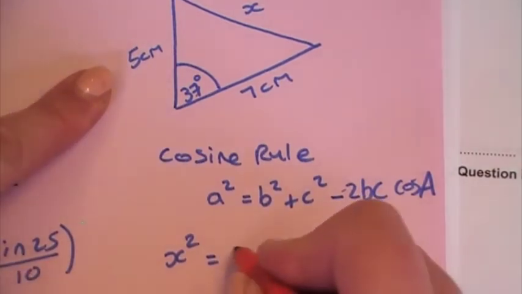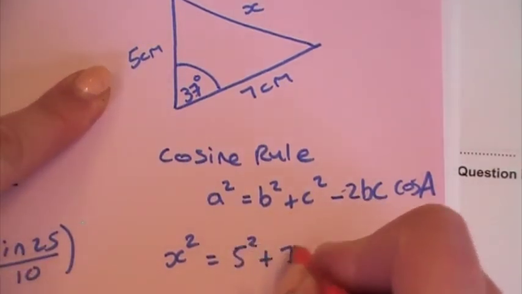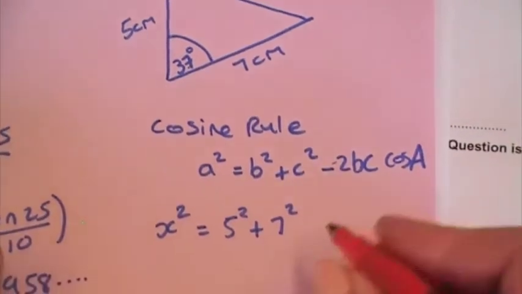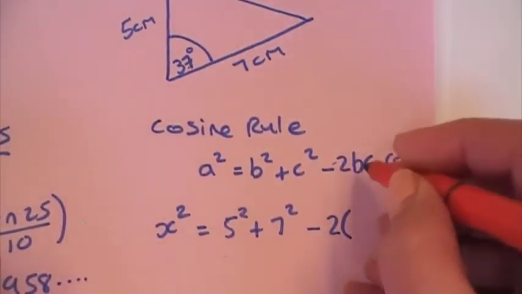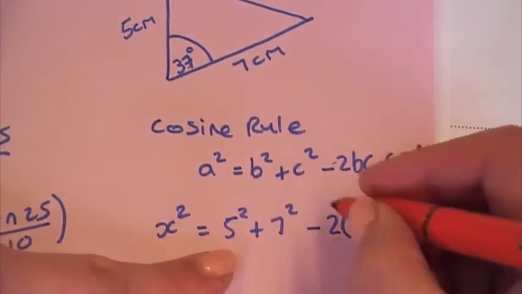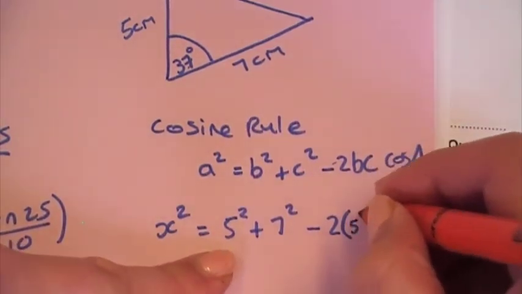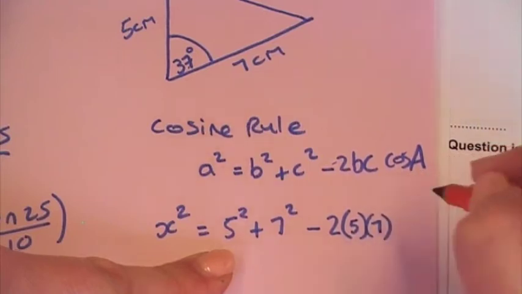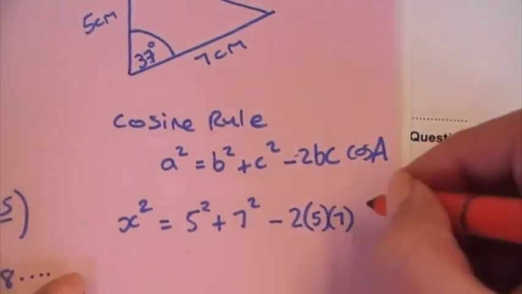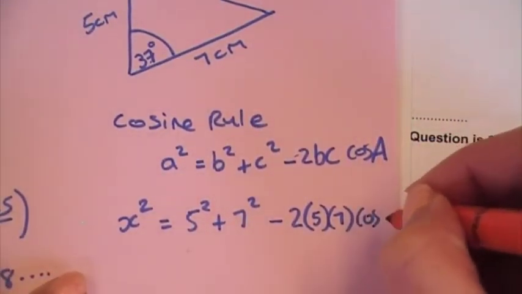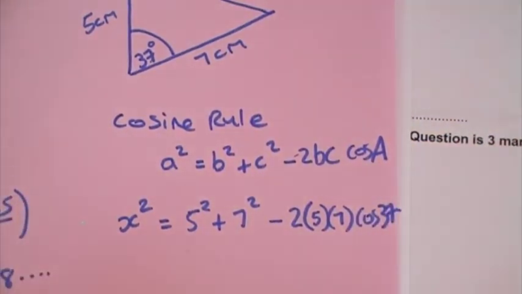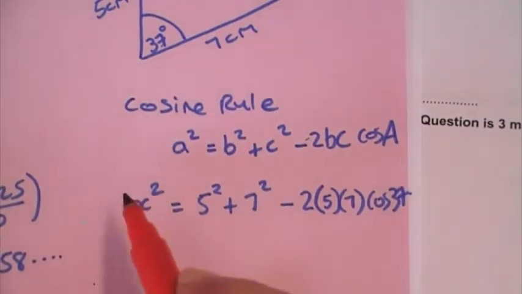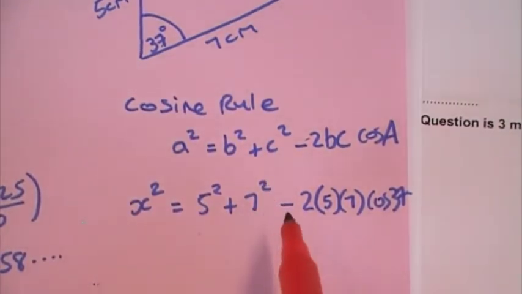So I'll do 5 squared plus 7 squared, and that's minus 2 lots, and again I'm substituting a value for b in, and I picked this as my b, and that was my c, and that gets multiplied by cos of a, which is 37. So I've ended up with x squared equals 5 squared plus 7 squared minus 2 times 5 times 7 cos 37.